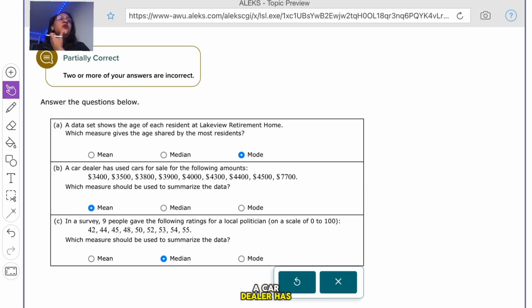A car dealer has used cars for the sale of following amounts to summarize the data. So for B, I'm going to say the median.